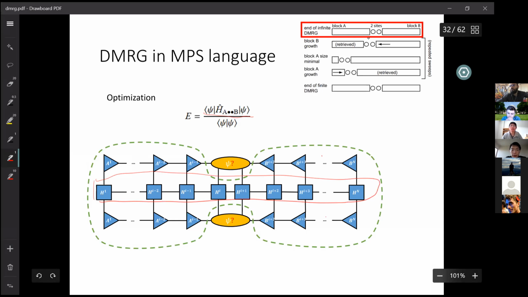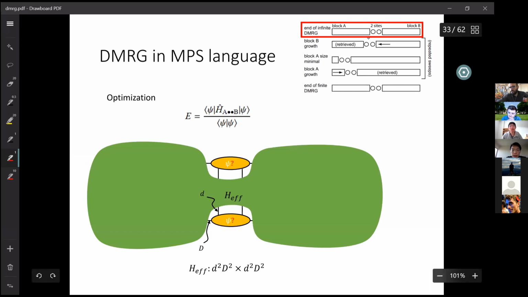Now we are only optimizing the middle part of this tensor network, and these blue parts are fixed. That means we can contract all of the objects inside and make a bigger tensor called the effective Hamiltonian for the two sides.